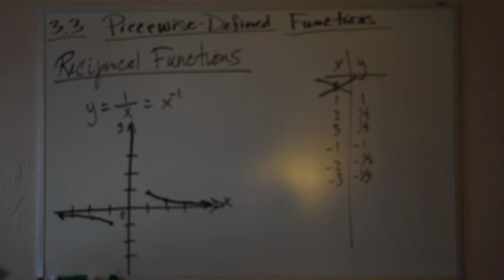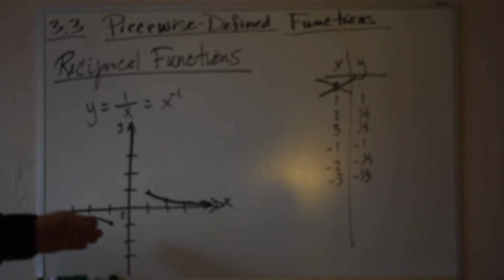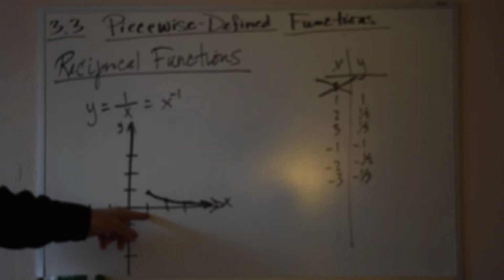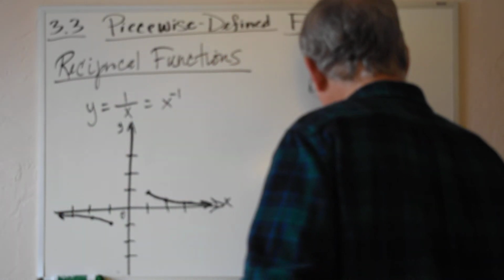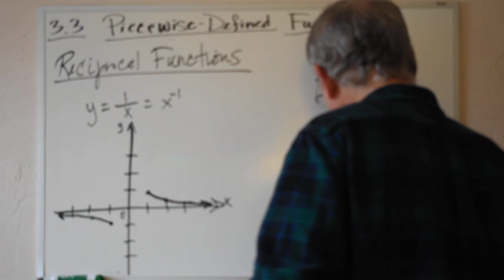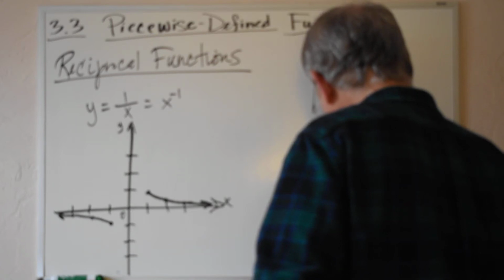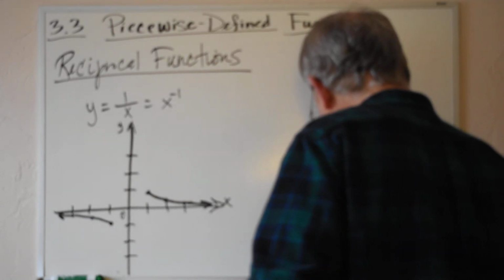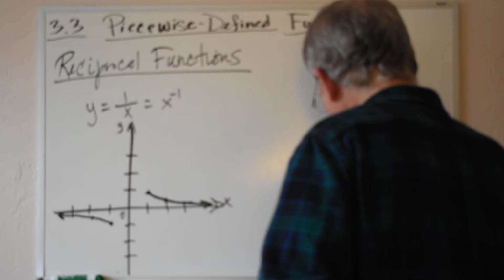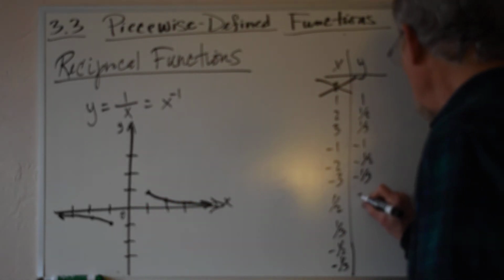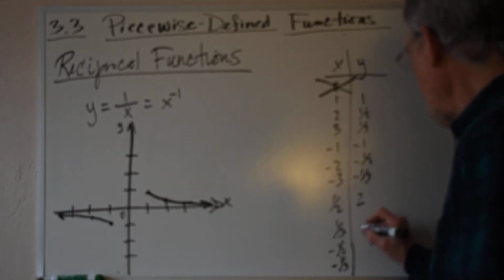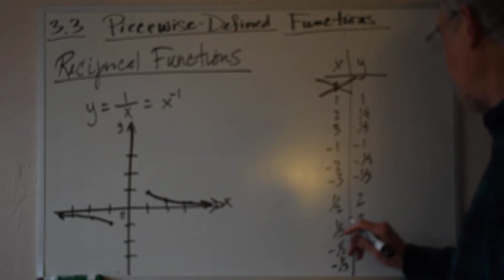Well, that's most of my function plotted there, but I don't know what happens between -1 and +1. So let me pick some smaller x values that are in there. When x is 1/2, y will be 2.